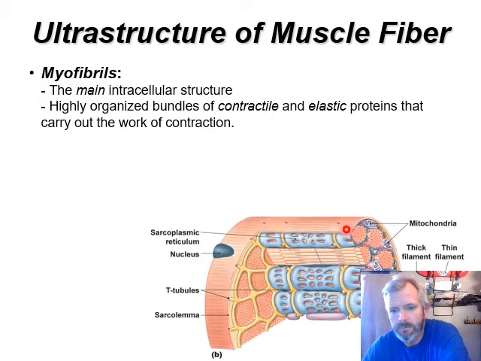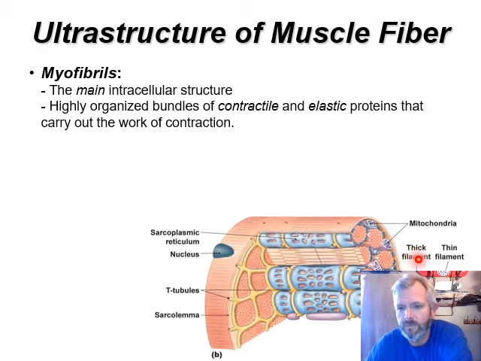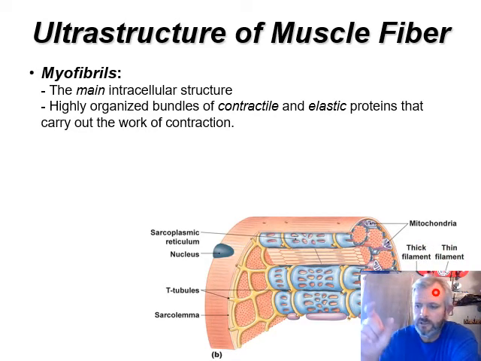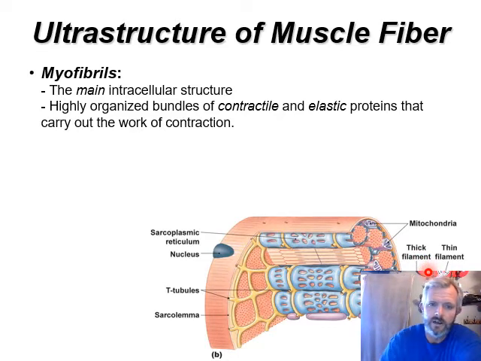This makes up the main interior of the muscle fiber. And what is housed here are the contractile components of the muscle. Our contractile components are going to be made up of these thin and thick filaments, and basically the myofibrils are just a sequence of these, what we call sarcomeres, these arrangements of the thick and thin filaments down the length of the muscle.